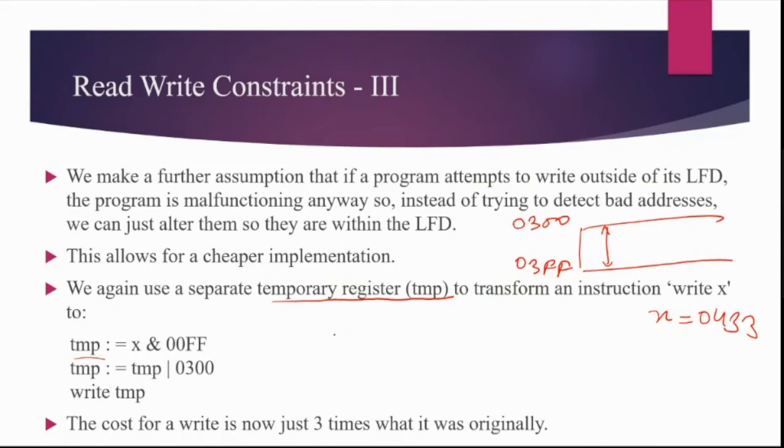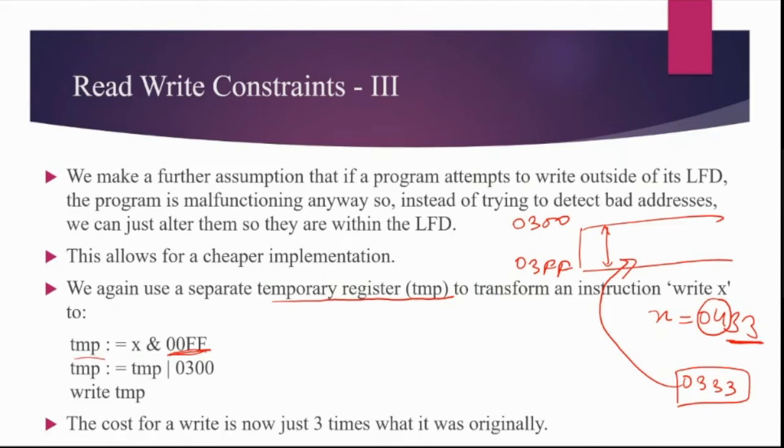So we can AND our x with the 00FF value, which could be called a mask value, in order to get the lower-order bits. The overall goal is to keep this 33, and instead of whatever is written here, 04 or anything else, we will convert it to 03, so that this will lie within our LFD.